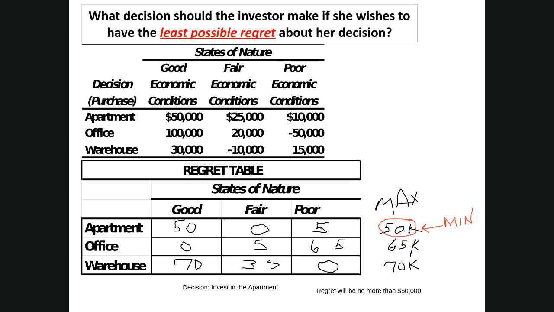You should just choose the maximum and choose one of those values, because only one of those combinations can occur. If you invest in the apartment, there's no way that the economy will be good, fair, and poor. It can only be one of these three. And so you choose the maximum rather than the sum of those regrets.